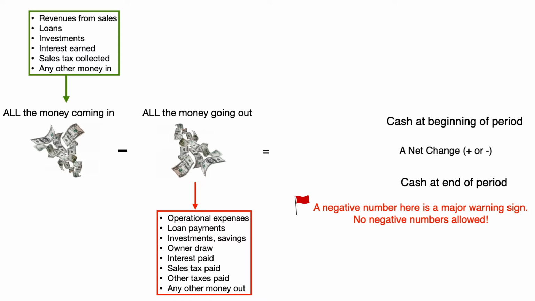The bank may say there is from an accounting perspective, but actually having actual cash in your account, there is no such thing as a negative. I mean, it's zero or a plus, but it's not negative. So if you see a negative number at that cash at the end of period, you need to do something prior to that month, let's say, in order to make that number zero at the very least, but hopefully positive.